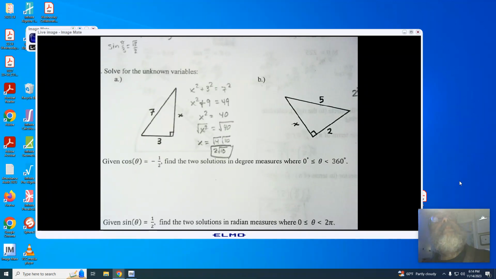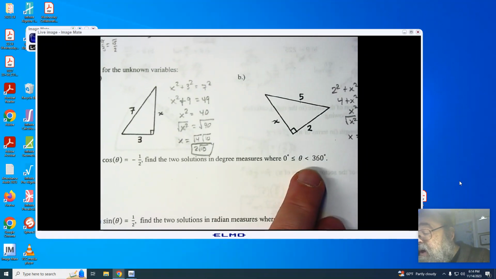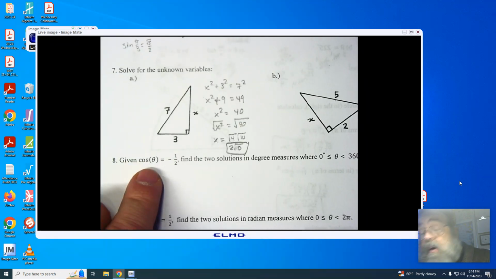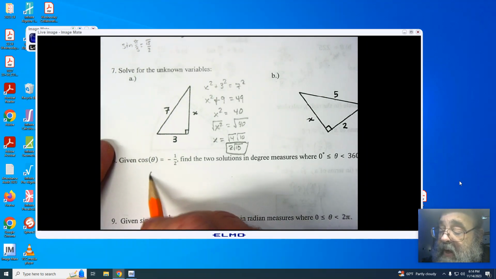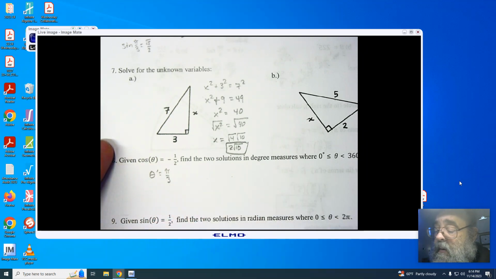Number 8 is asking me to find the two solutions between 0 and 360, so we are in degree mode. Cosine will always have a 1/2 at pi over 3, so we know our reference angle theta prime is pi over 3.